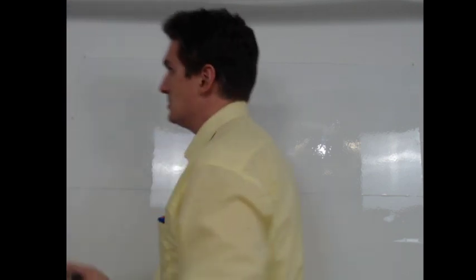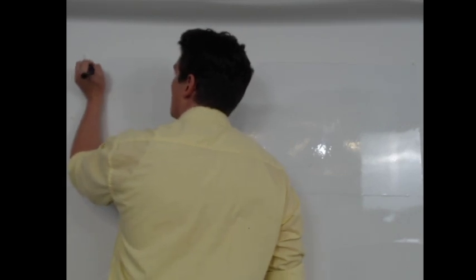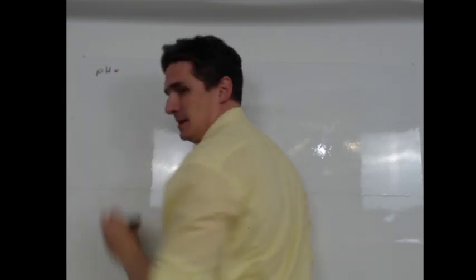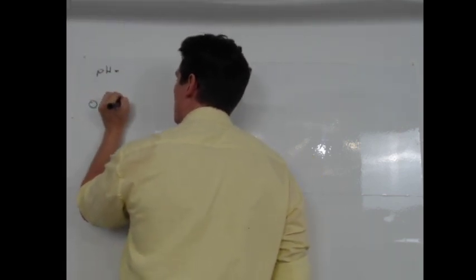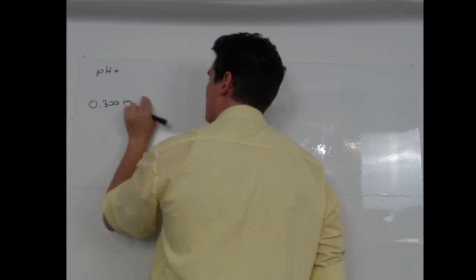Okay, so we've got a question from Elijah. pH of a basic buffer solution. And we've got 0.3 molar Na2HPO4.